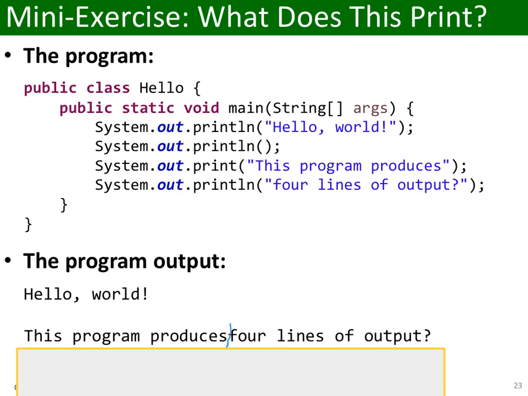So when the next print line statement is executed, it prints 4 lines of output, the words 4 lines of output, starting where the cursor was left. And at the end of that statement, the print line will generate a carriage return, which returns the cursor at that point to the next location in the terminal.